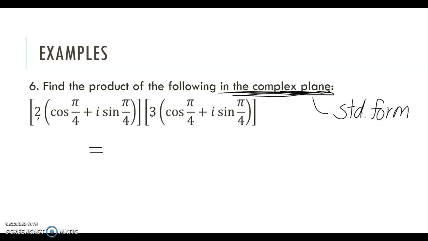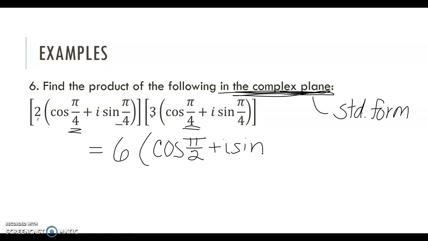So 2 times 3, that gets me 6. And then I'm going to add my theta values as I go. So cosine pi over 4 plus pi over 4 is going to give me pi over 2, and then plus i sine pi over 4 plus pi over 4, pi over 2. Okay, so there's my answer in trig form.